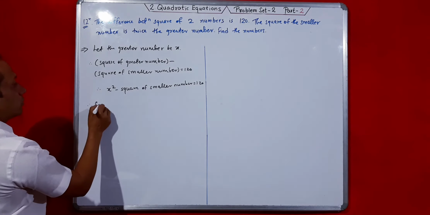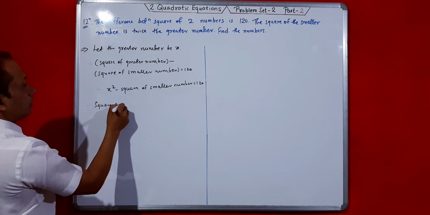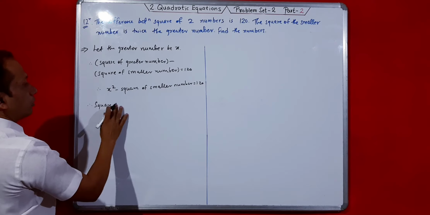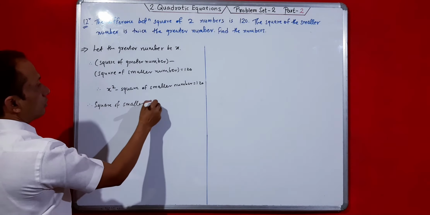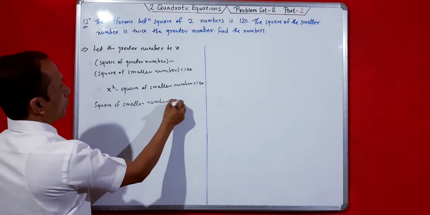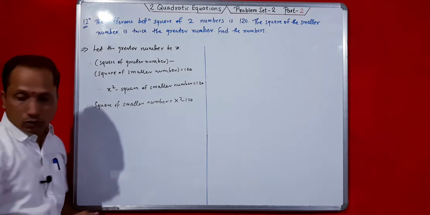If you rearrange this, the square of the smaller number is x square minus 120. Okay, so you got this.